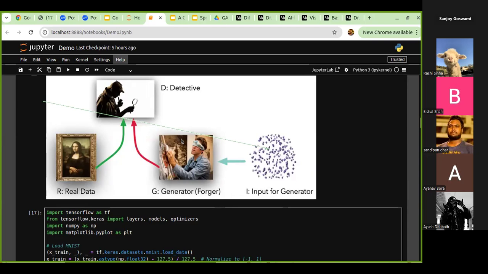So at a particular moment, when the generated image becomes very similar to the real data, we say that the detective is unable to detect the difference between these two. Now it says the probability of belongingness of the generated data is 0.5, meaning it is unable to say whether it belongs to 0 or 1. So it simply says a probability of 0.5.